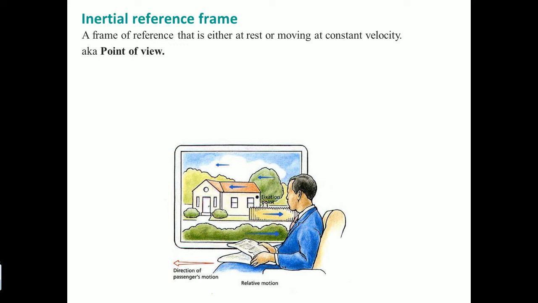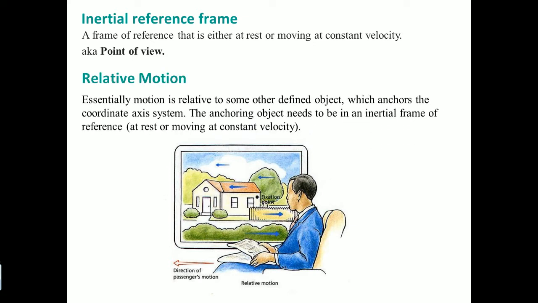But if you were inside the house, from the point of view from inside the house, you would be stationary and the train would be moving. So that's what relative motion is. Essentially, motion is relative to another object, which anchors the coordinate axis system. That just tells us where we're putting the zeros.